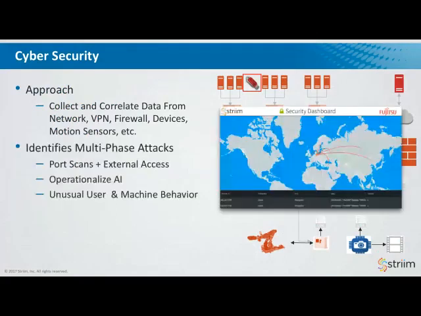So it's about looking at what is normal behavior and classifying that as normal behavior, and then being able to spot unusual behavior really quickly. And the best way of doing that is by collecting and correlating as much data as you can. It's easier to fake a single piece of data than it is to fake a whole collection of data from a lot of different sources.